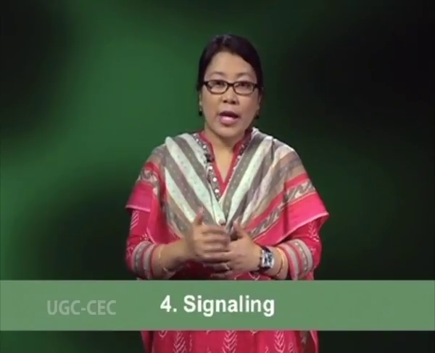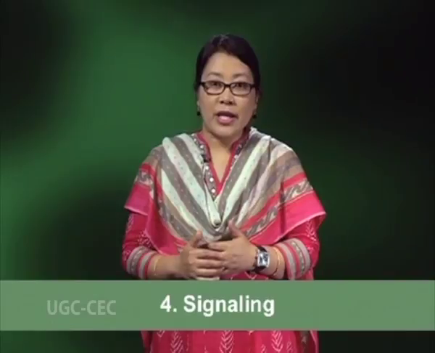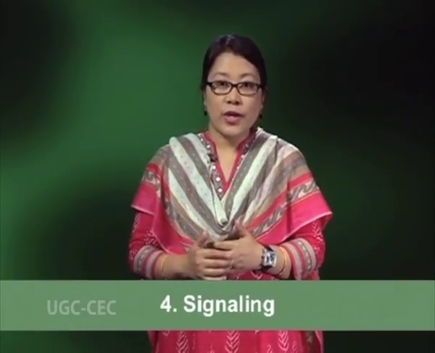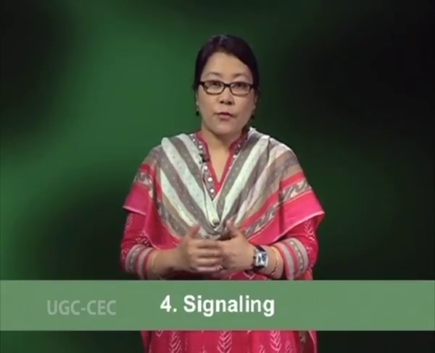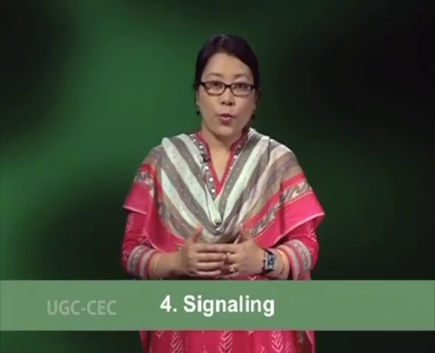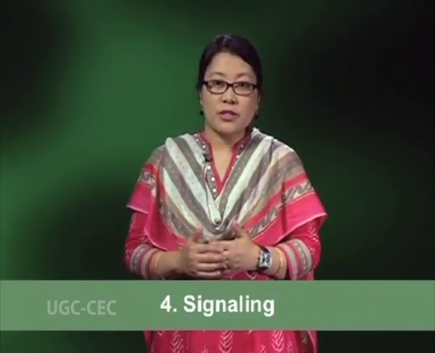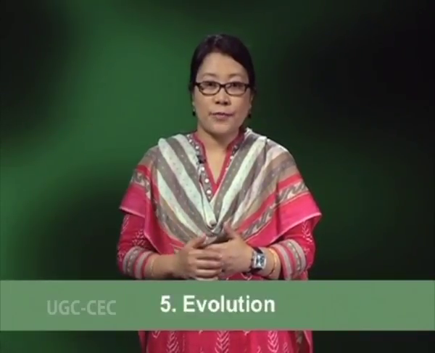The fourth is signaling. Cells respond to chemical and physical stimuli from the external environment, and cells can also interact or communicate with other cells, usually by means of signals or chemical messengers such as hormones, neurotransmitters, growth factors, etc. The fifth feature is evolution.